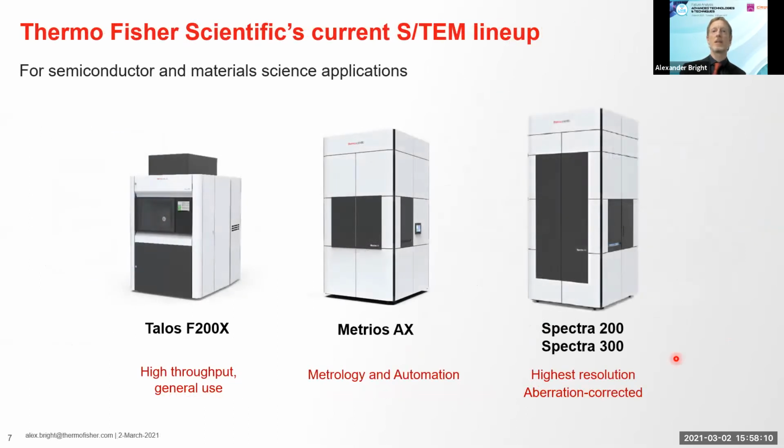So our TEM system lineup for material science and semiconductor applications is mainly these three: the Talos series, which is a really high throughput general use system; Metrology AX, which is very much focused on high throughput metrology and automation; and our main high resolution system, the Spectra series, which has Spectra 200 and 300. For this, we can put aberration correctors.